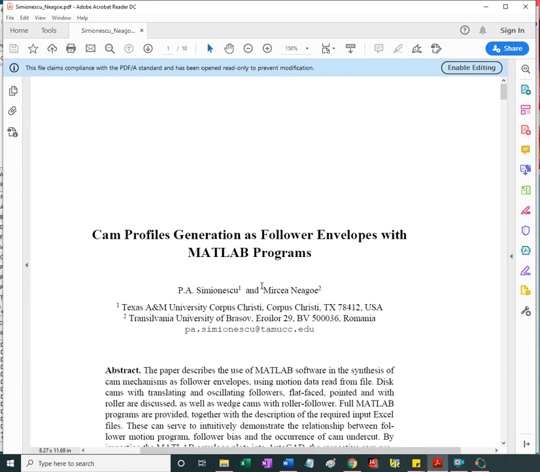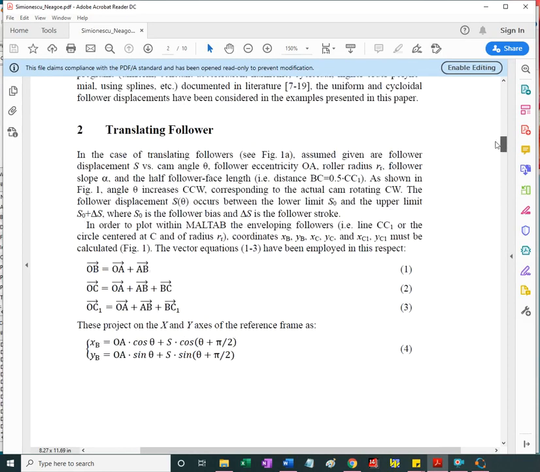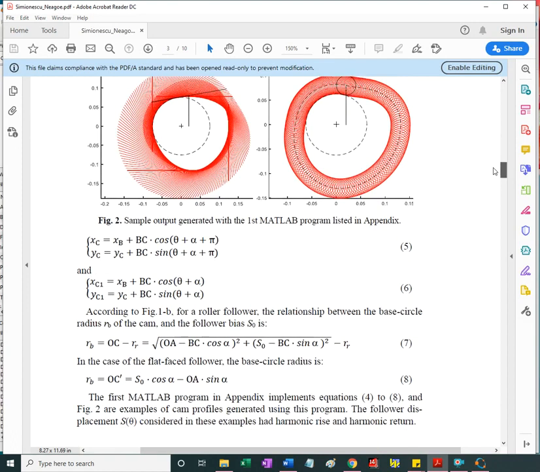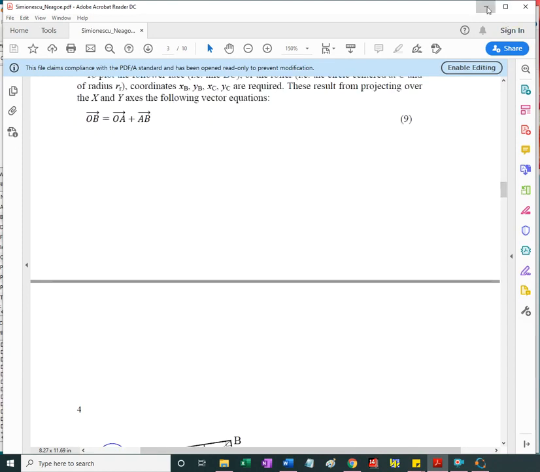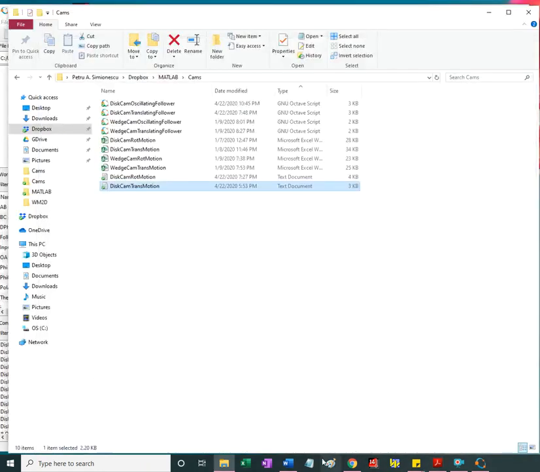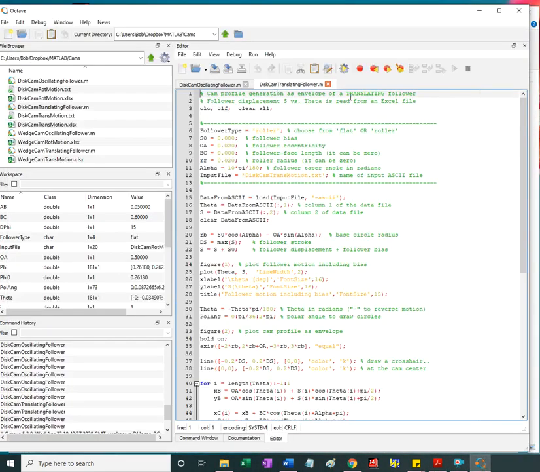For Octave, you would have to go with the programs that need to read the text files. Okay, so let's go back to Octave.